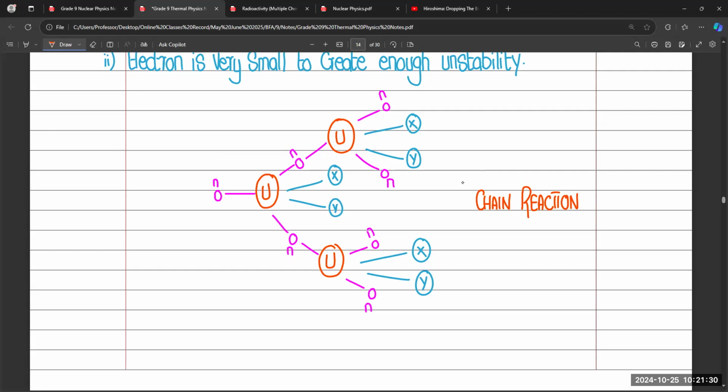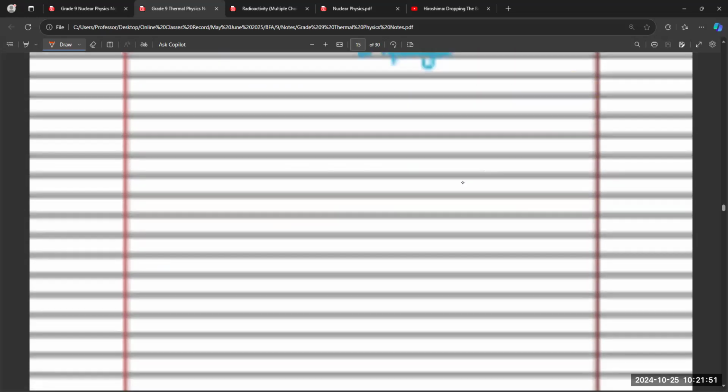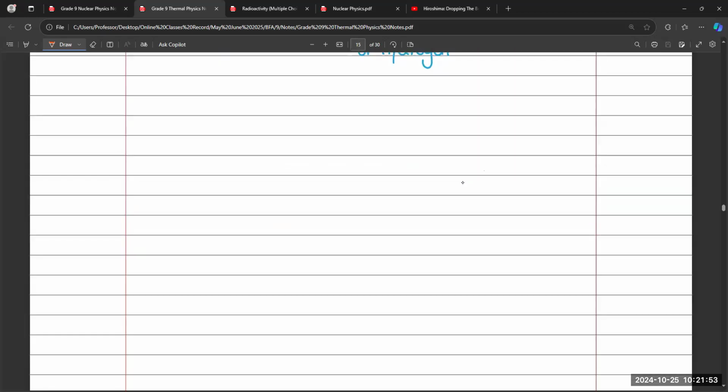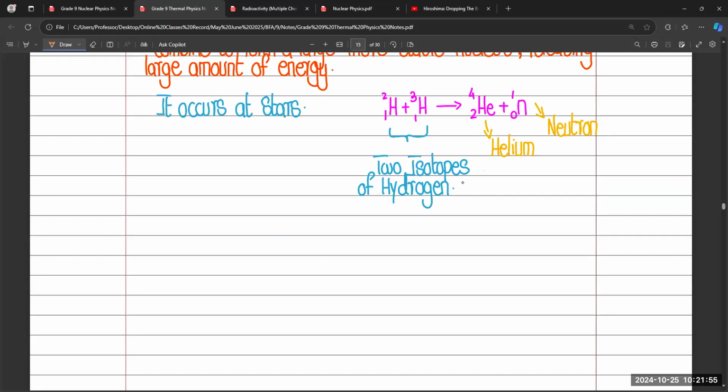So they are connecting elements continuously. That's why it is like a chain reaction. But in fusion reaction, no such reaction takes place, because this is not a fission reaction. There is no concept of splitting up a nucleus into smaller nuclei. This is the reverse of the fission reaction.